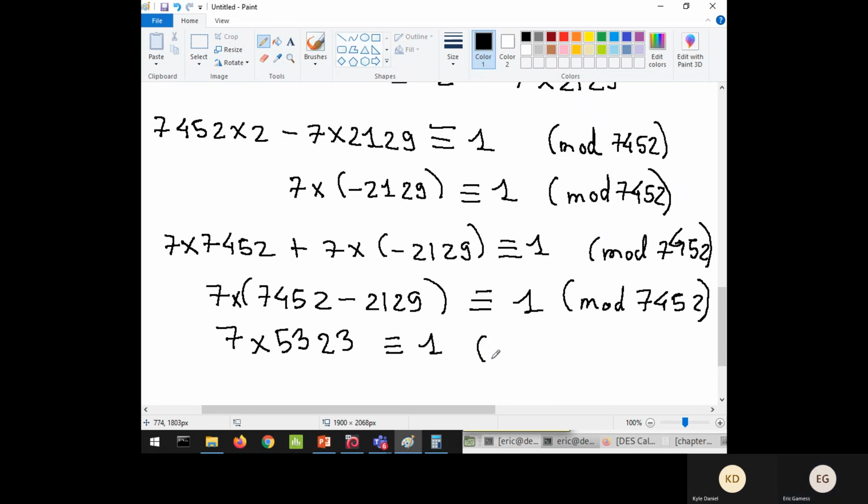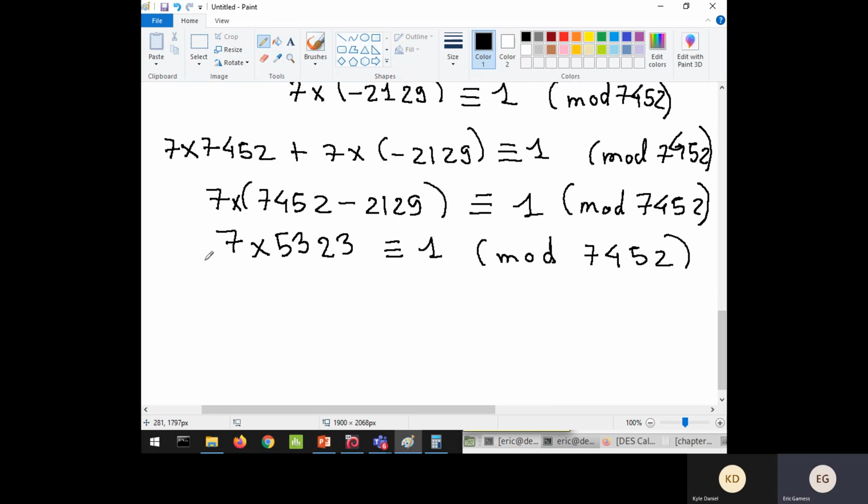So they are inverse to each other modulus 7452. So remember, this is E, the public exponent. So this will be D, the private exponent.